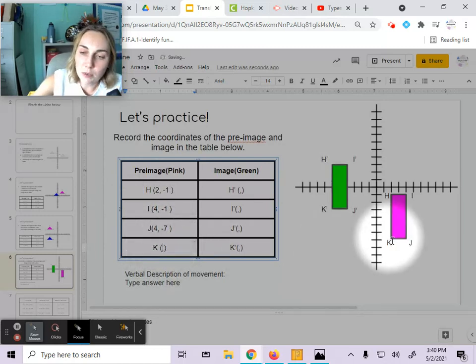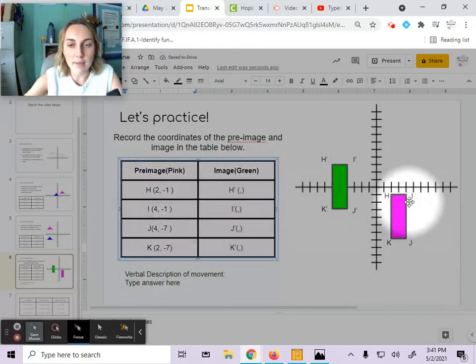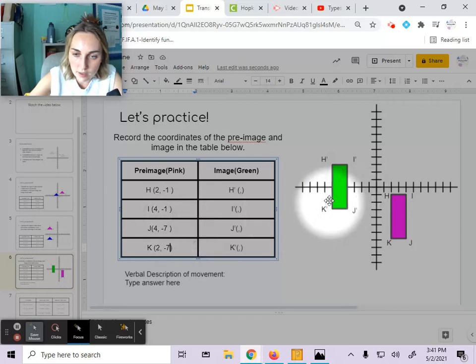And then last but certainly not least, we have K right here. K is at 2 on the x-axis, and on the y-axis it is at -1, -2, -3, -4, -5, -6, and then -7 again on the y-axis. So we located those, all right? Then from H to H prime, looks like we are moving 8 units to the left, okay?